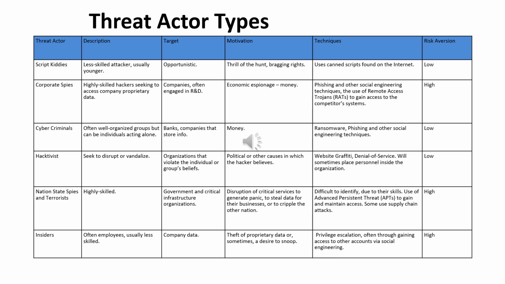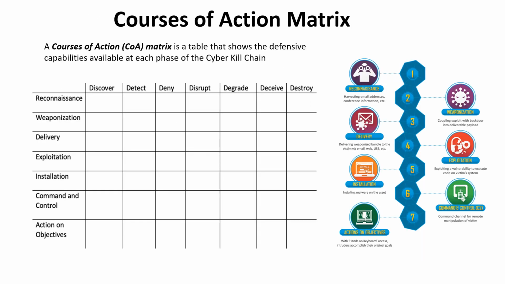This table depicts the different types of threat actors with varying levels of sophistication and expertise. A course of action, COA, matrix is a table that shows the defensive capabilities available at each phase of the cyber kill chain.